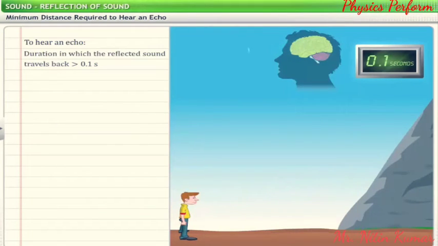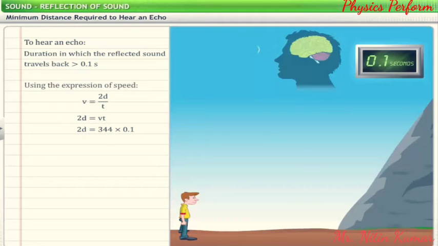To hear the echo, the duration in which the reflected sound travels back should be at least 0.1 second. Therefore, by using the expression of speed, the distance traveled by the sound wave is equal to the product of the speed of the sound and the time for which a sound persists in our brain.